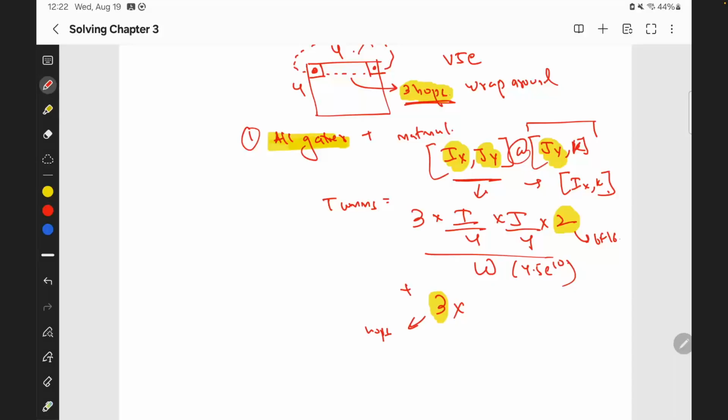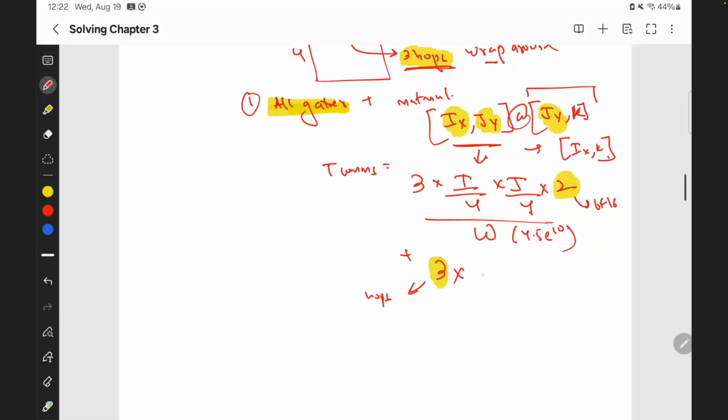You need to have hops because you cannot do wraparounds. You need 3 hops. You have z by 4, and you have k, and you multiply by 2 because this is BF16, and then you divide by w, which is 4.5e10. So this is your bandwidth.